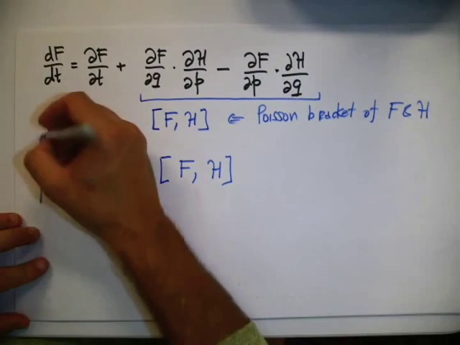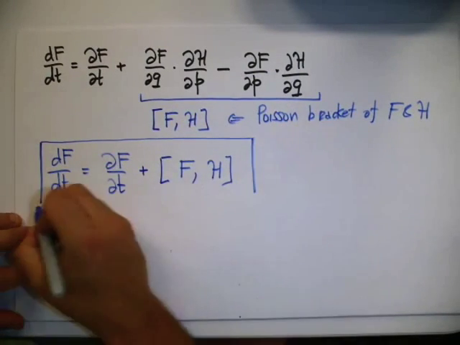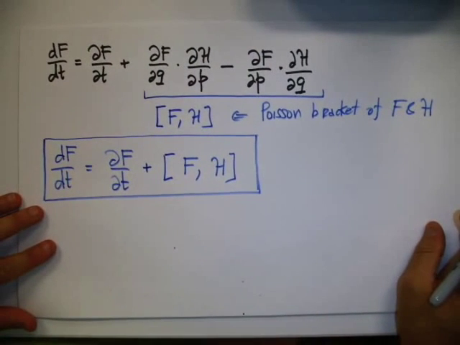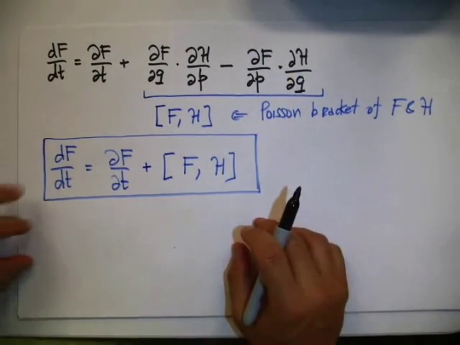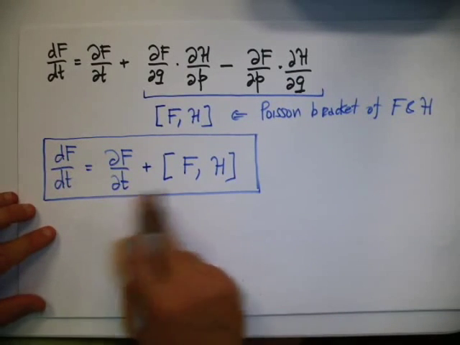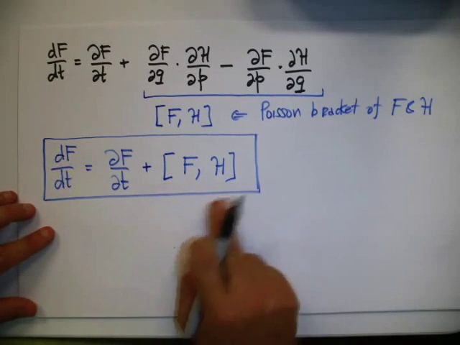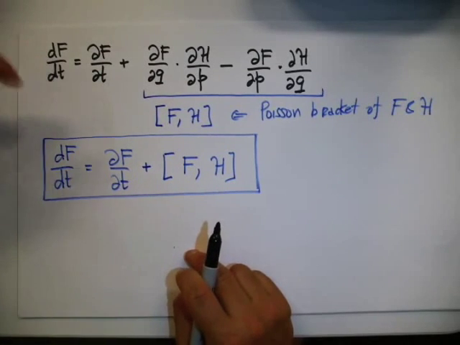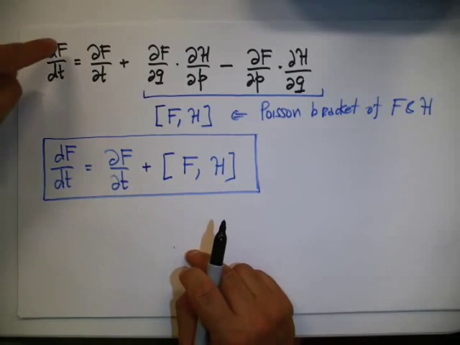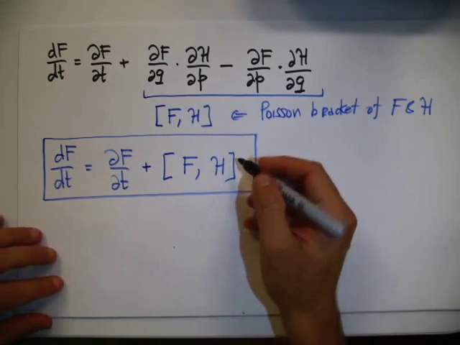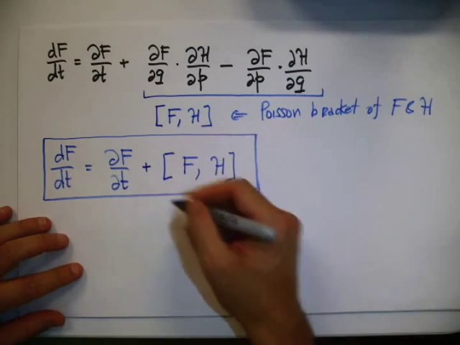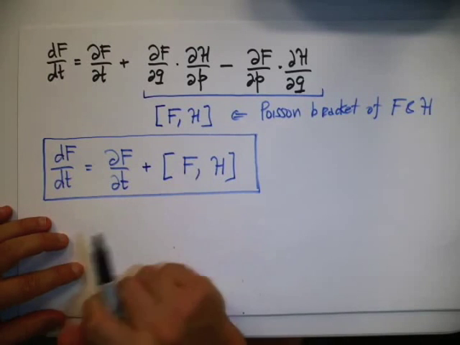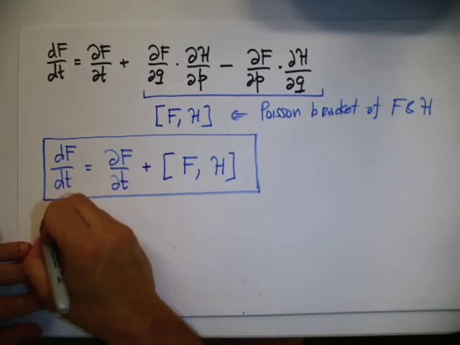This is the evolution equation we derived for any observable f, which is now written in terms of these Poisson brackets plus a partial derivative in time, which depends upon the extrinsic dependence of f on time, but the intrinsic dependence on time, which comes through the dynamics, is given in terms of these Poisson brackets.